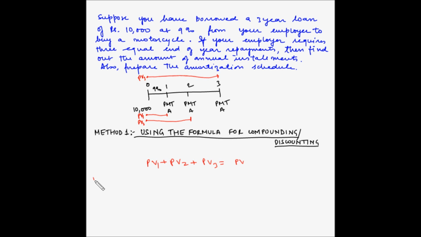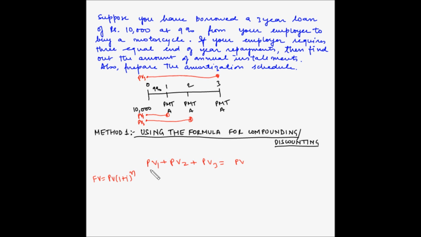So we know that future value is equal to present value into 1 plus I to the power n. Now as per this formula, if we consider this on the time scale, basically this PV will take values of PV1, PV2 and PV3, and this FV, that is future value, is nothing but the payment amounts which we are going to pay in installments, and these are nothing but the payment amounts which are going to be the same for all the 3 installments.